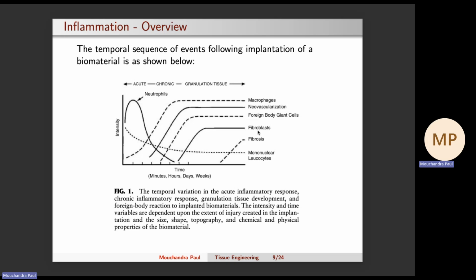What are the cells you need? You need the fibroblasts. Then the blood vessels will start forming due to the proliferation of endothelial cells. So these two events are long-term events.